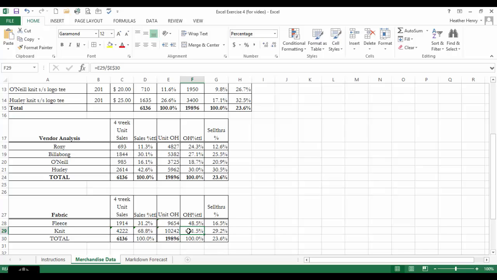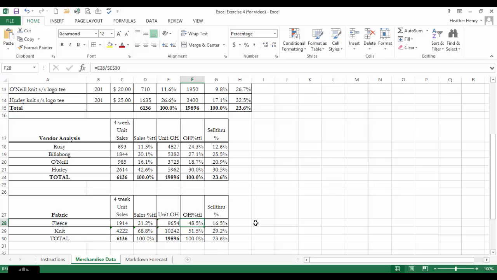So we will have a lot more inventory on hand than what we needed to sell because we only really needed about 32% of the inventory to be in fleece because that's where our sales are currently at. You can see for knits we have a lot of missed opportunity as we're outselling the amount of inventory we have.